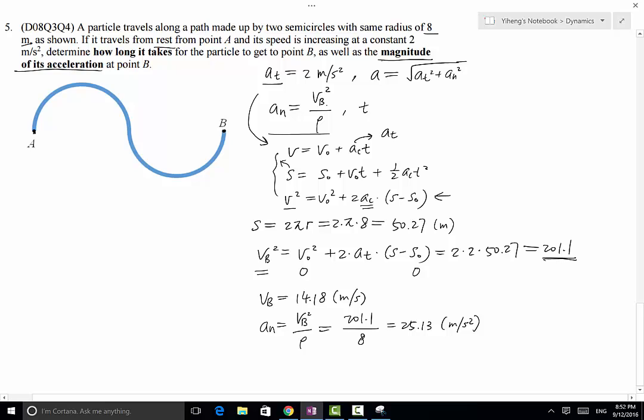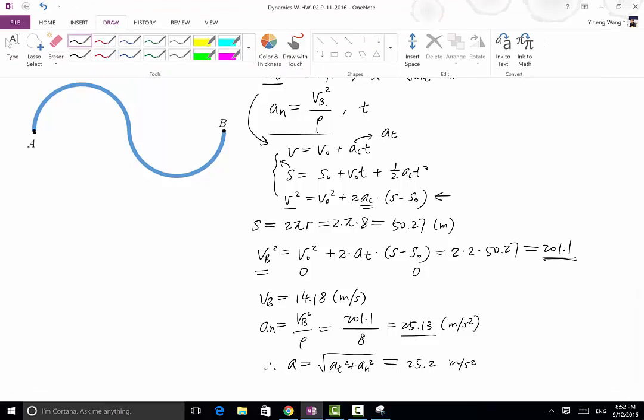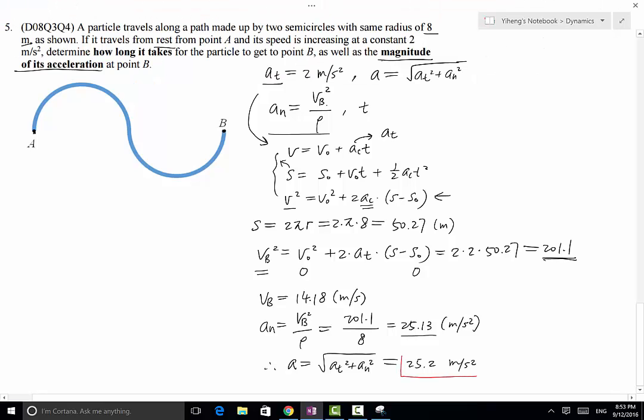If we know AN, we can calculate A equals the square root of AT squared plus AN squared. AT is 2, so 2 squared plus 25.13 squared, square root, equals 25.2 meters per second squared. So that's the second half of the question.